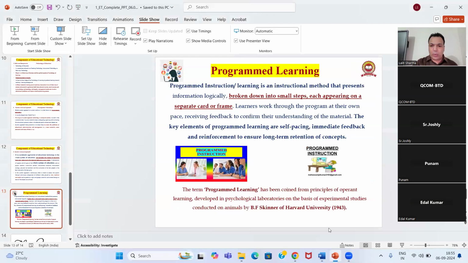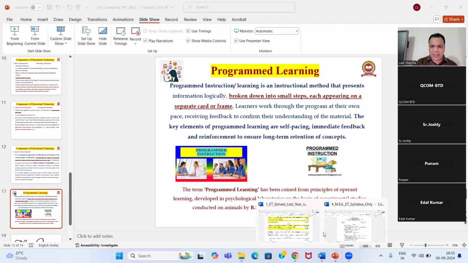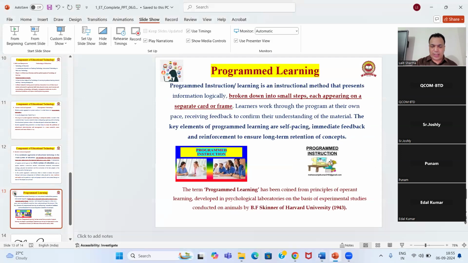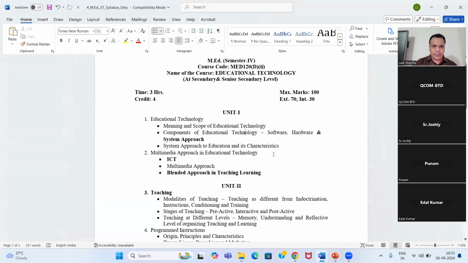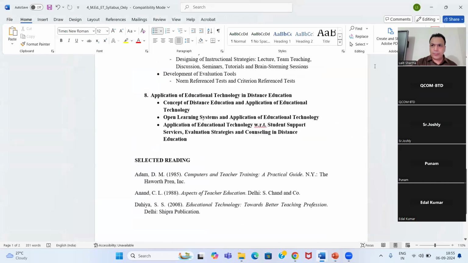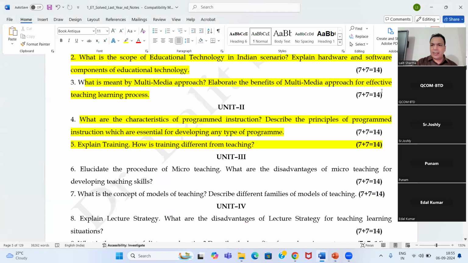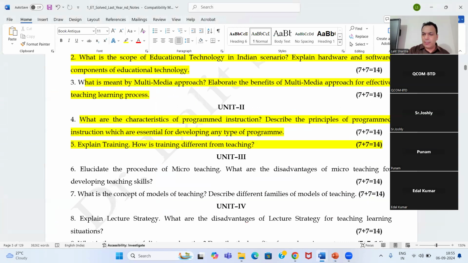Now we directly go to the notes. The question was asked, programmed learning or principles of instructions, right? Yes, these notes are 128 pages. Programmed instructions, right?